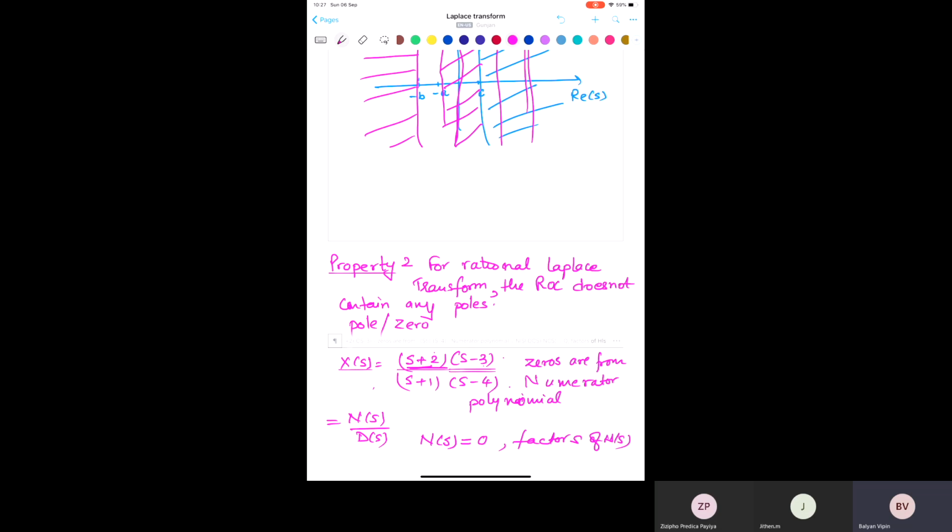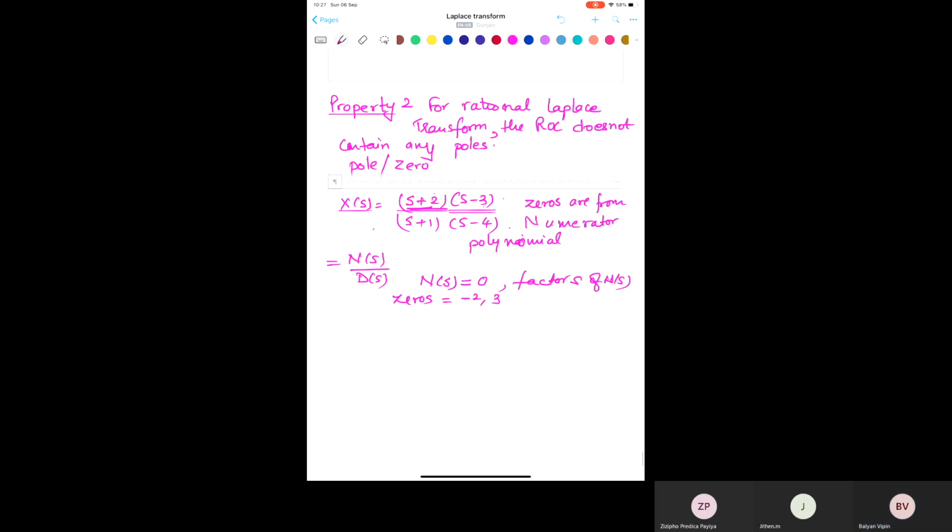Whatever the factors of N of s are, those are my zeros. In this case my zeros are minus 2 and 3. s plus 2 equals 0, so s equals minus 2. And s equals 3. So 3 is my zero.